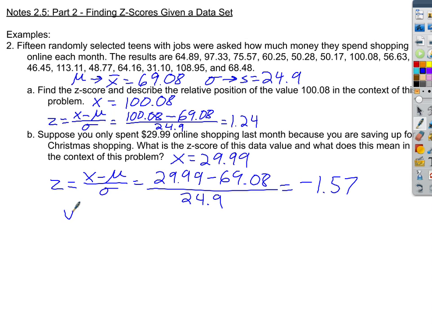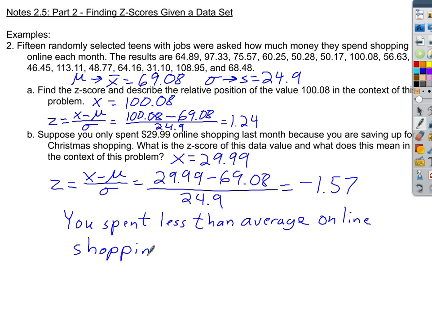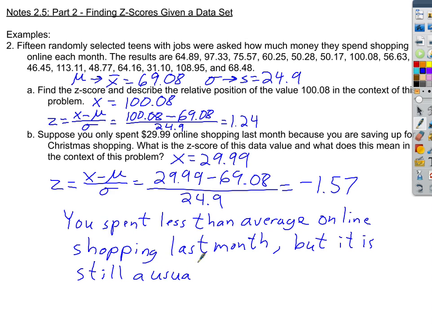So in the context of the problem, you spent less than average online shopping last month. But it is still a usual amount. Right? It's still within 2 standard deviations of the mean.